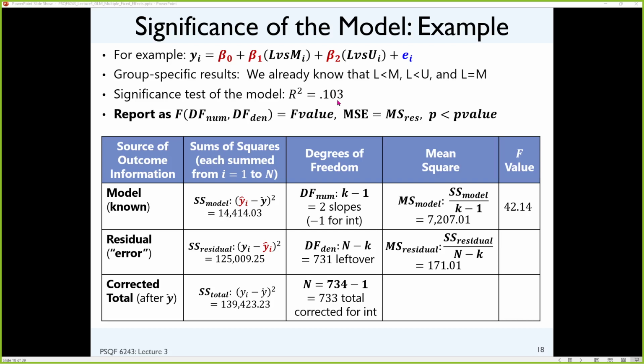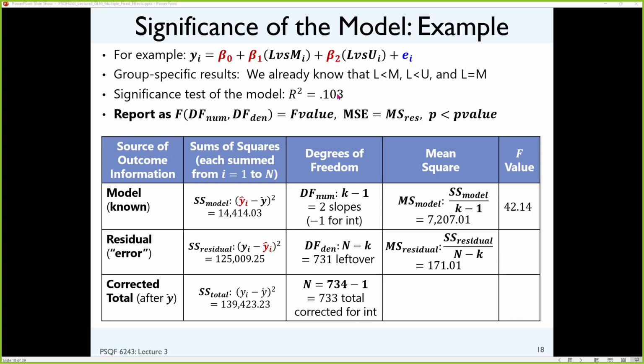Yeah, so this model, by putting in these two slopes, I have captured, explained 10% of the total, what? What's my denominator for this R-square idea? Residual?